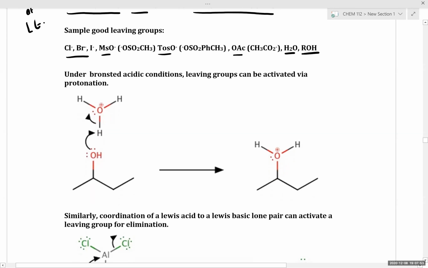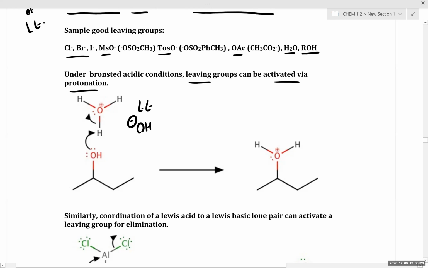Now, oftentimes the SN1 reaction can be run under Bronsted acidic conditions. In this case, leaving groups can be activated via protonation. So if we compare our leaving group, initially we have a leaving group of hydroxide. Is hydroxide a good leaving group?